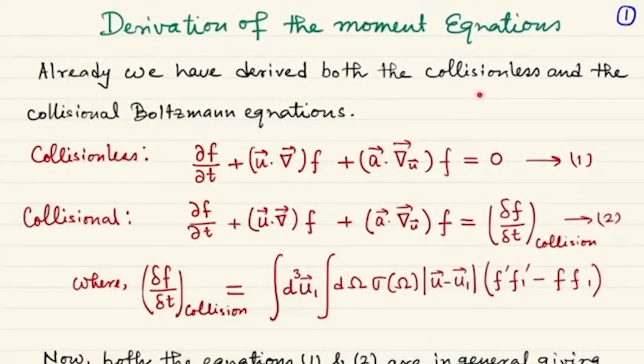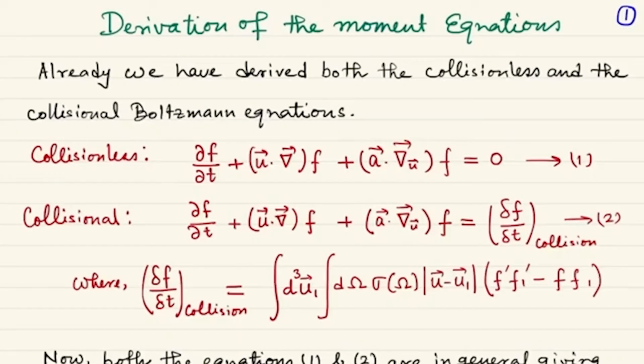As I said, we have already derived the collisionless and the collisional Boltzmann equations, which should look like this. For the collisionless equation, you have ∂f/∂t plus u dot ∇f plus a dot ∇_u f, where the velocity-space gradient acts on f, the distribution function, equal to 0.